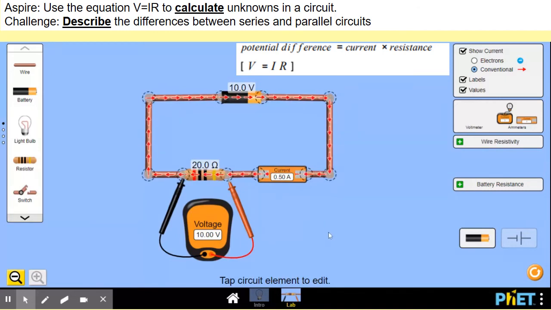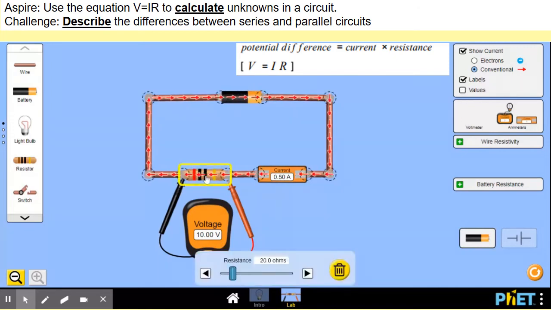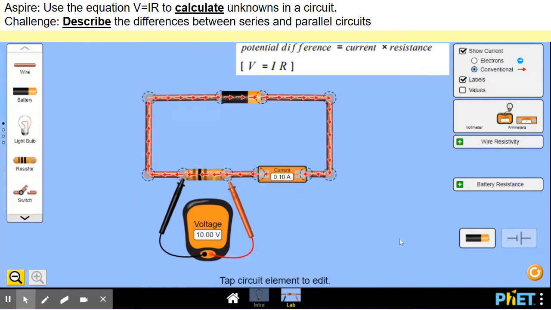So let's take out something then. So let's take the values off. So you might be, let's put it all the way up to 100. Put that in there. So let's take that off.